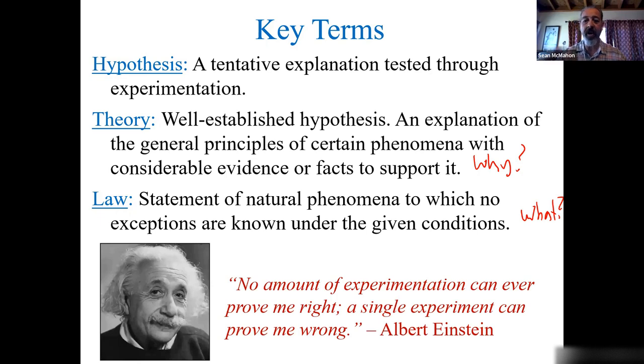Einstein says no amount of experimentation can ever prove me right. Right? So you can have endless amounts of experimentation to finally get to these theories, and then later in time, they're proven false. We'll see that when we talk about atomic structure, that there are all these preliminary elementary procedures, and as time goes on, they kind of get canceled out. But one experiment can prove you wrong.